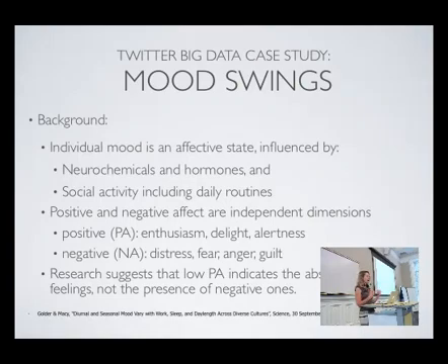Positive affect is things like enthusiasm, delight, and alertness. Negative affect is defined as emotions like distress, fear, anger, and guilt. And the research suggests that low positive affect indicates the absence of positive feelings, not the presence of negative ones. So that's what they mean by there being independent dimensions.